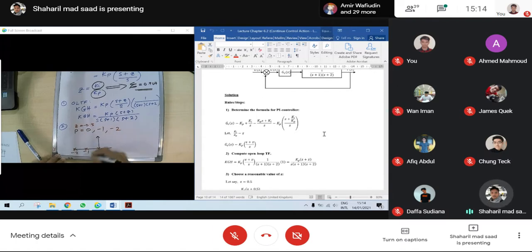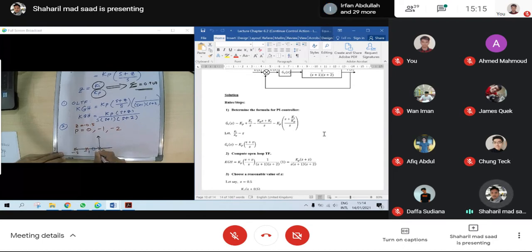Why? Because the zero will be located at this point. You cannot put your zero at this point. If you put a zero at this point, that means your root locus will go in this direction, which means your system will not be stable. We don't want that. We want our system to be stable, right?